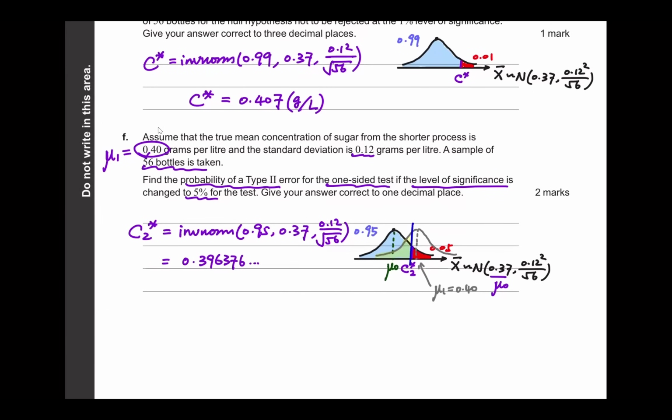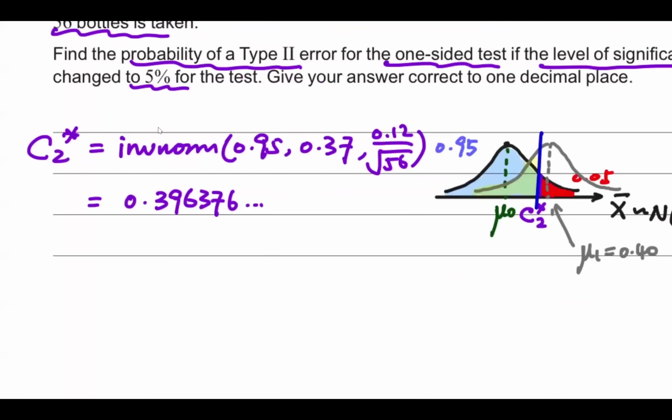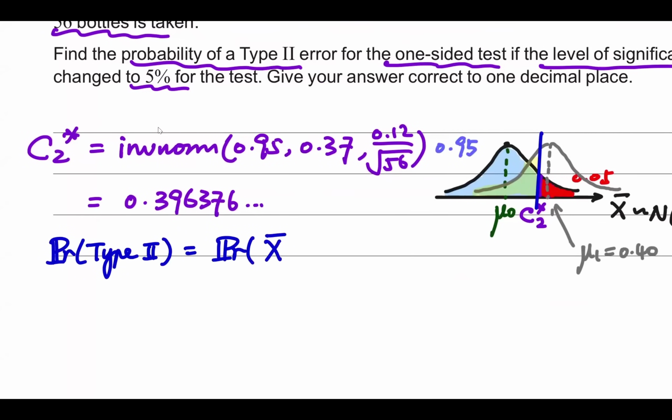The part I indicated in yellow, that is my type 2 error. Probability of type 2 error equals the probability X bar is less than or equal to C star 2, given mu is 0.40.